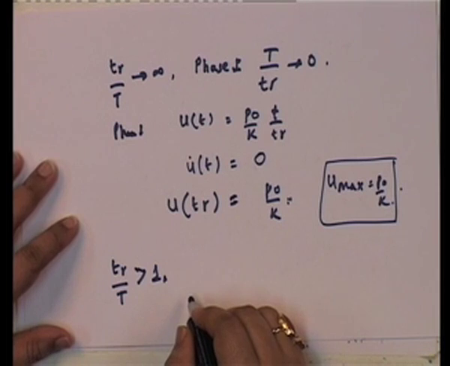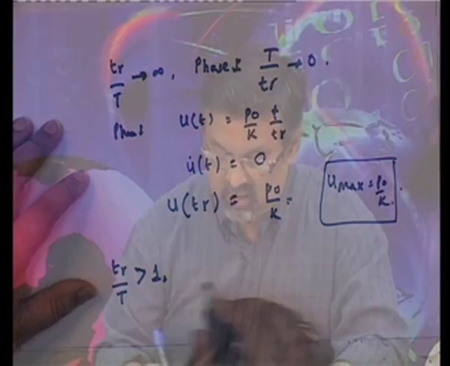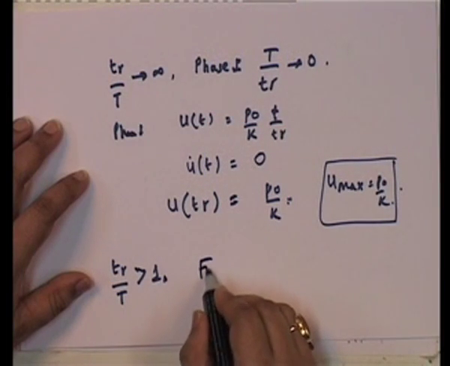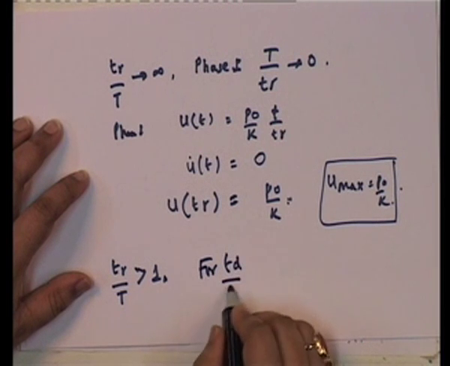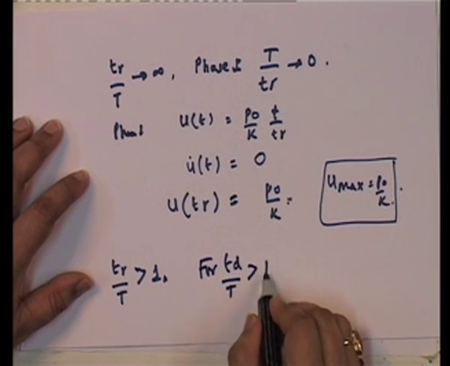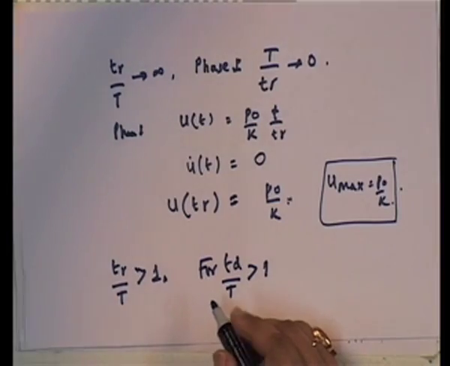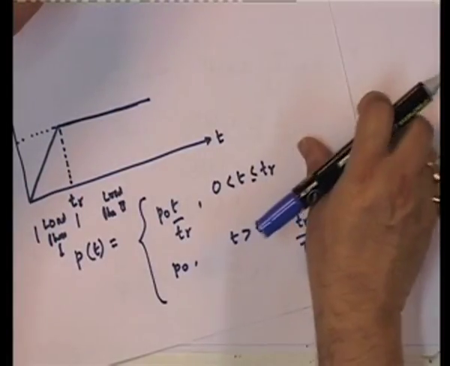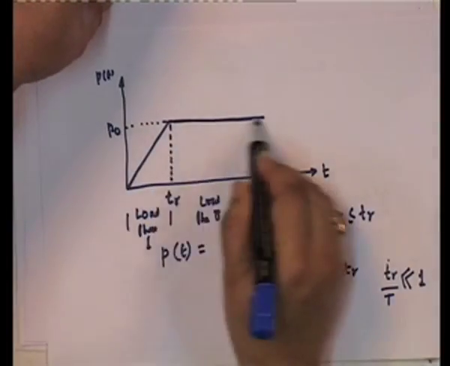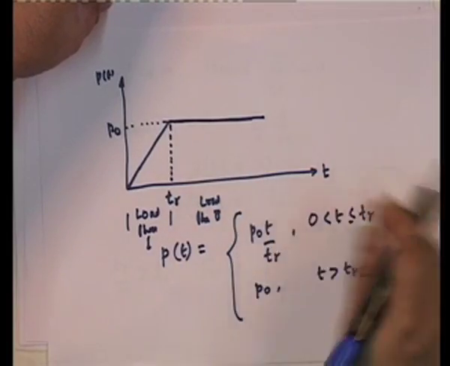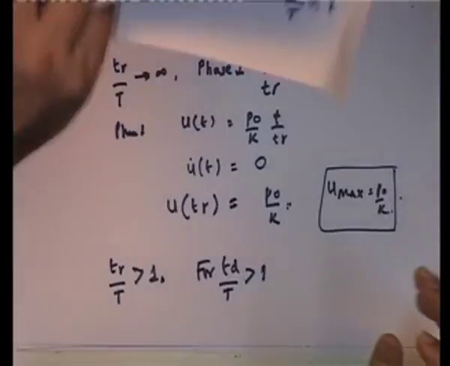So, now the question becomes this: for t_d by T larger than 1, because you see I showed this one, right, that this one goes on at this particular value for a long time. I mean, so t_d by T greater than 1.